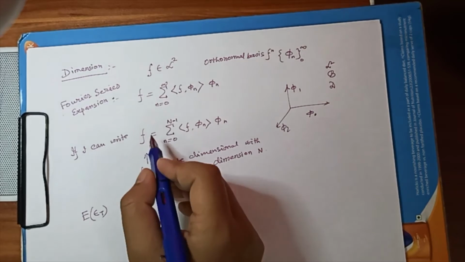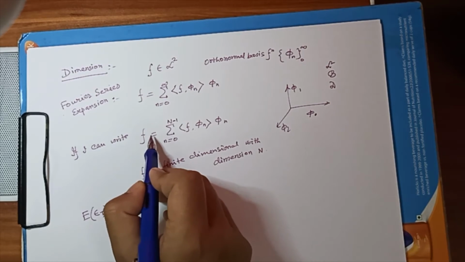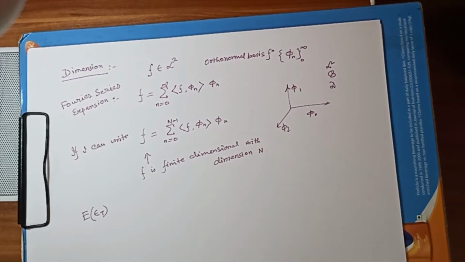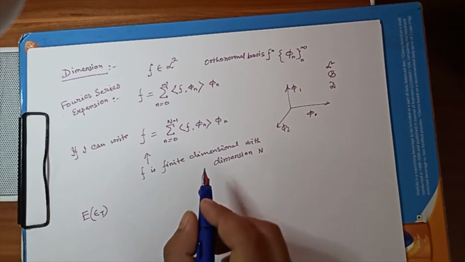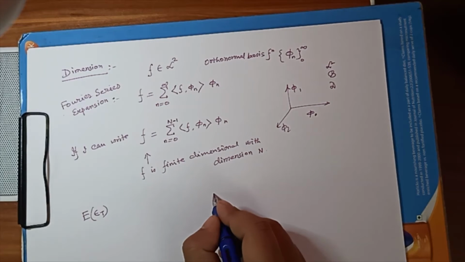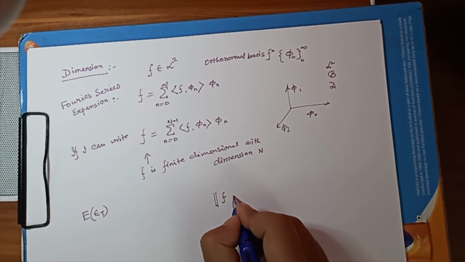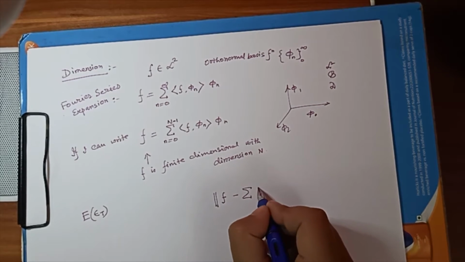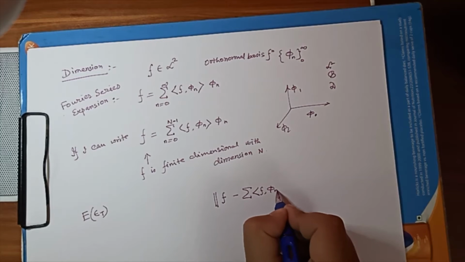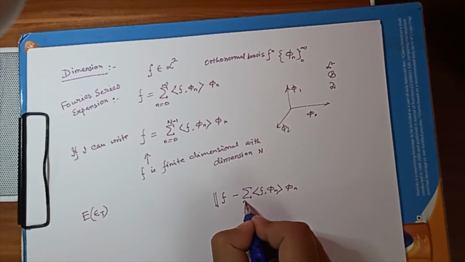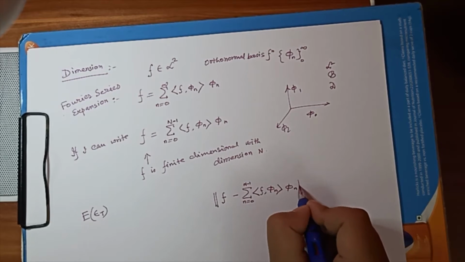So in what sense? Why approximately? Because it will not be exactly equal, it will be close to some finite dimensional Fourier series in some sense, in the energy sense. What we want to say is that we will get a finite dimensional expansion where the error energy will be arbitrarily small. So I want to compute the energy between the signal and some finite dimensional Fourier series, n equal to 0 to N minus 1, and take the 2 norm of that.